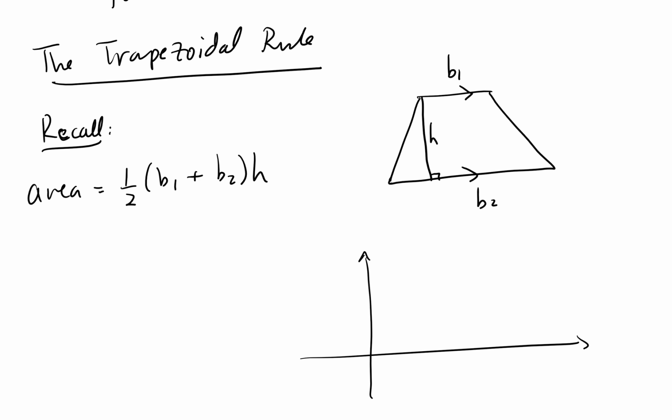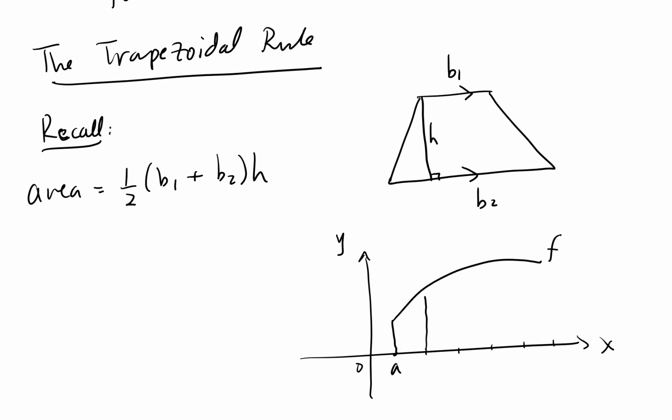So if we have a curve like this, they started at A, and instead of doing rectangles, they did trapezoids. So let's say they cut it that way.